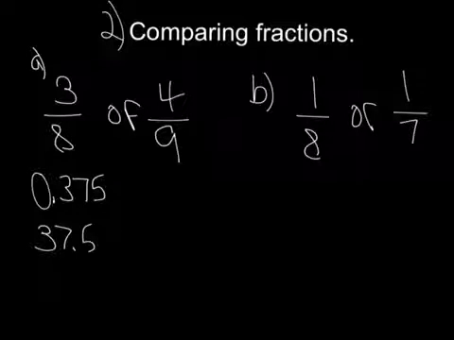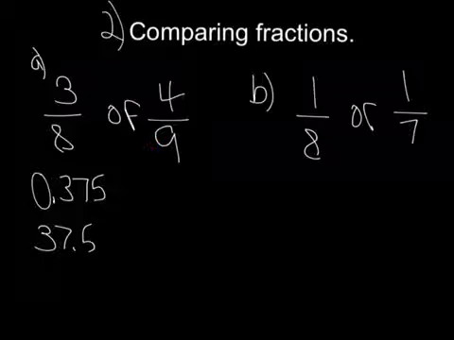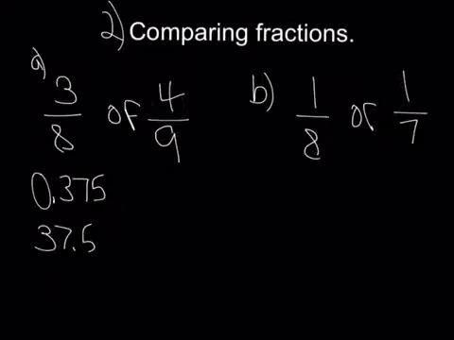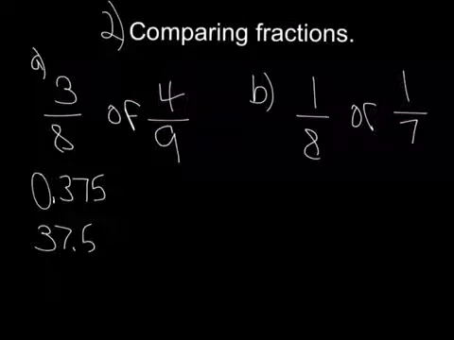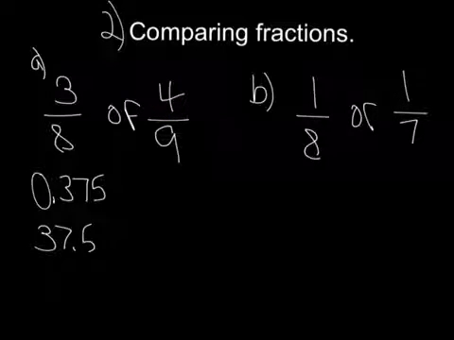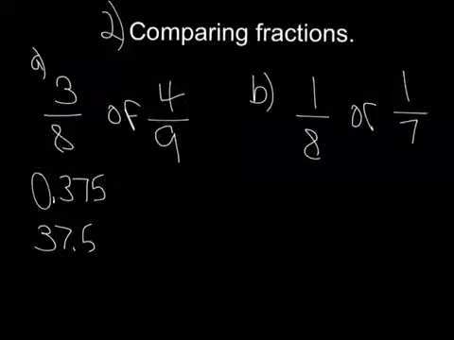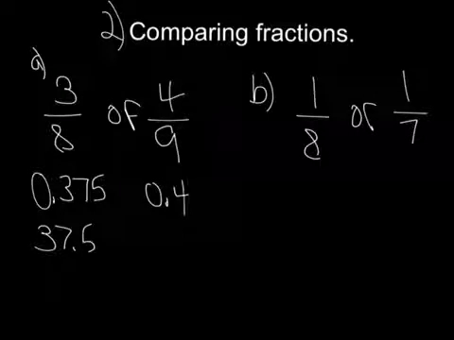I've taught you in the past that anything over 9 has the numerator in the decimal places with bar notation. So 4/9 is 0.4 bar notation. If it were 5/9, it would be 0.5 bar notation.